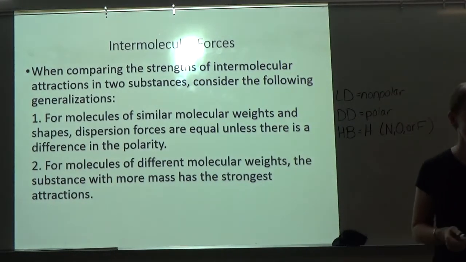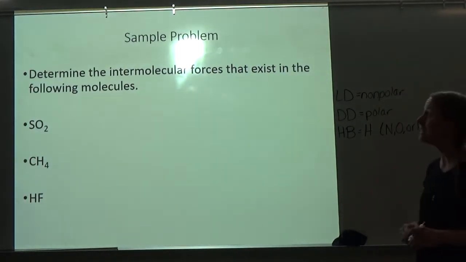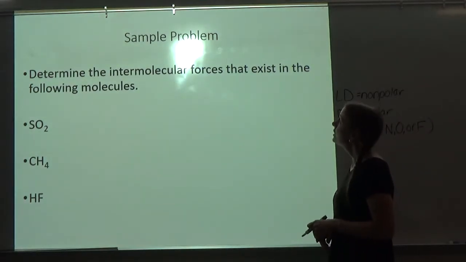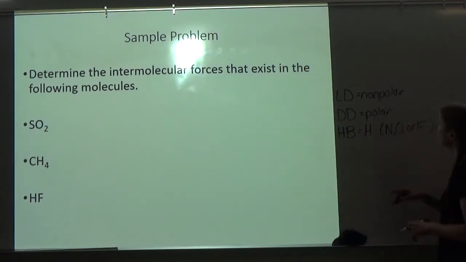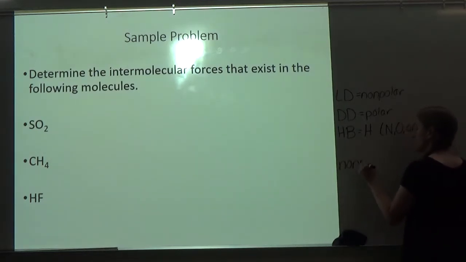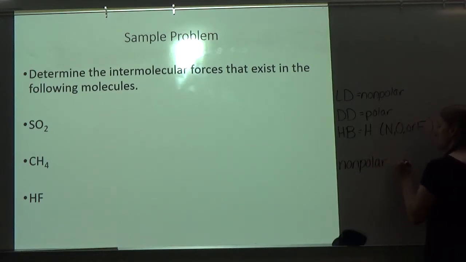All right, so let's look at a couple of examples and then we'll be done with part 2 of the video. It says determine the intermolecular forces that exist in the following molecules. If you look, it's based on nonpolar and polar, so you need to think back to how we know if something's nonpolar, polar, or ionic. If something is nonpolar, it has an electronegativity difference of less than 0.5.